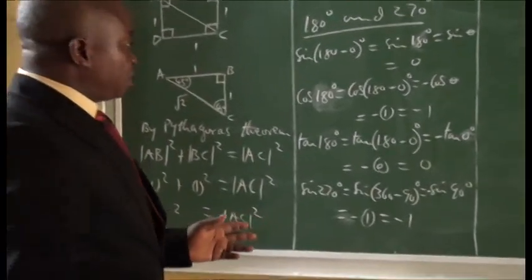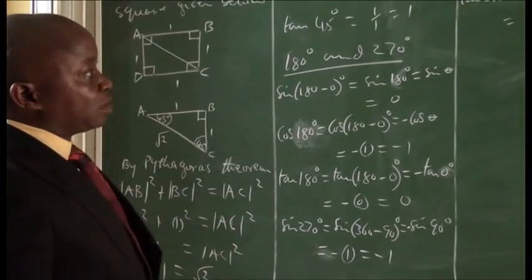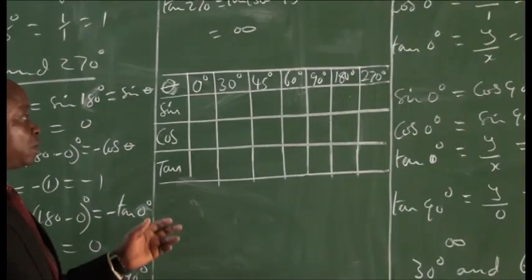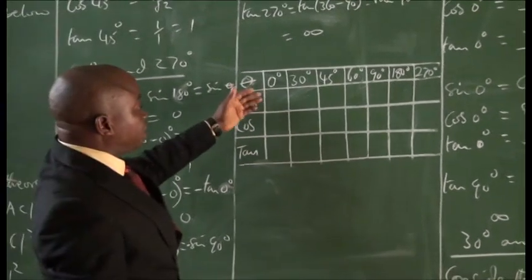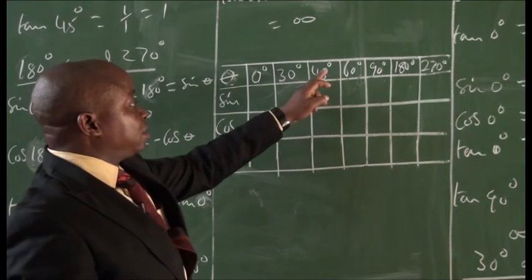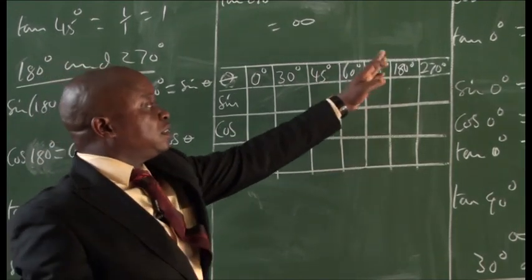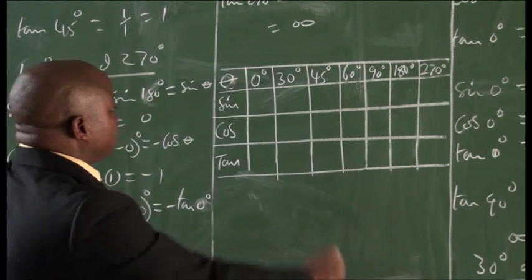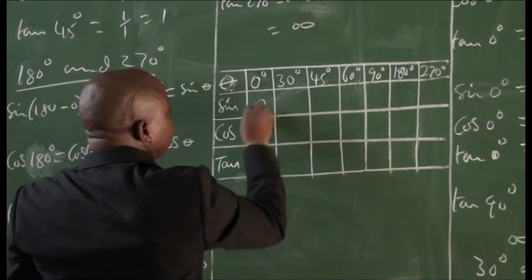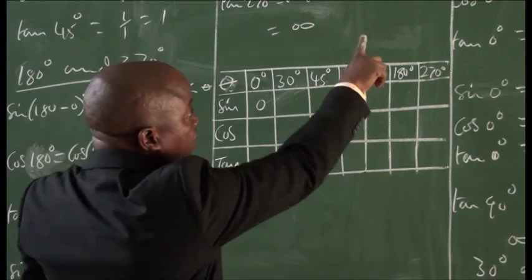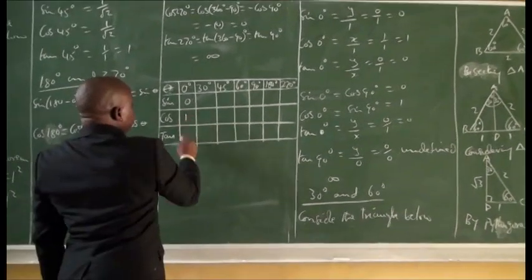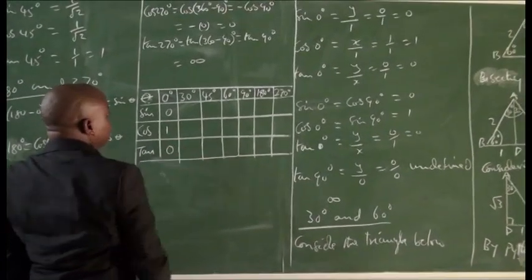That is what we'll do now, collect all the results and put them on the table. All right, so we have the table in this form for 0 degrees, 30 degrees, 45, 60, 90, 180, and 270. Then for 0 degrees, sine 0 is 0, cos 0 is 1, tan 0 is 0.